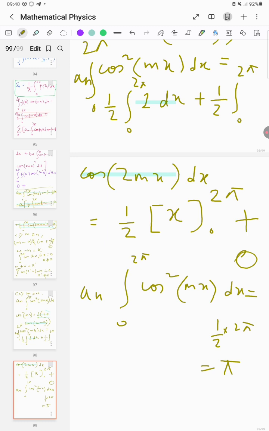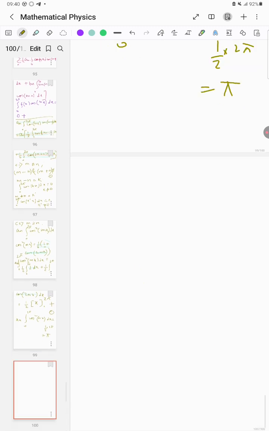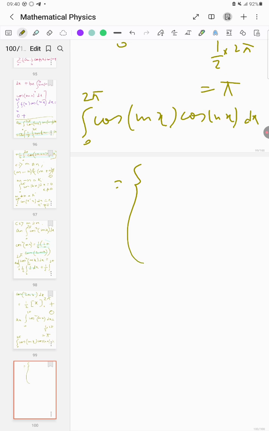So now comes our final answer. Rewriting the entire thing, we can say that integration 0 to 2 pi cos mx cos nx dx is equal to, now two paths arise, pi when m is equal to n, and 0 when m is not equal to n, because this is what we got, right?